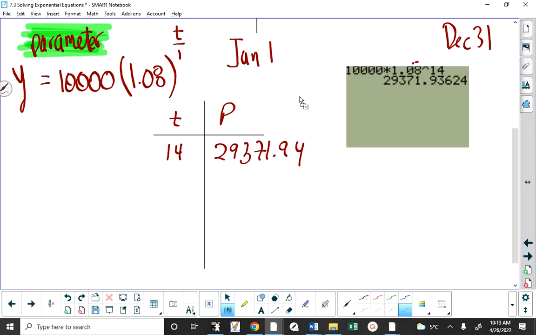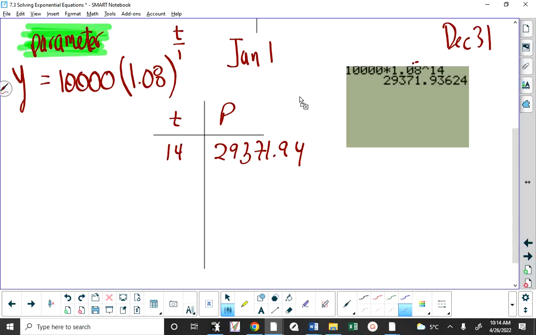So this is the answer to the first part of the question. After 14 years of investment time, Jerry's account will have a value of $29,371.94.